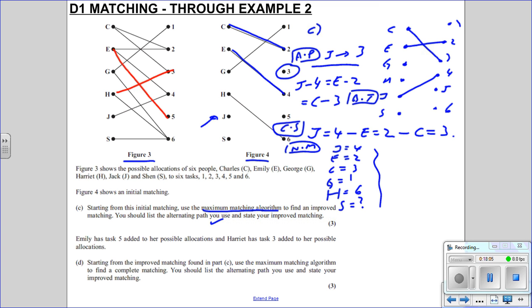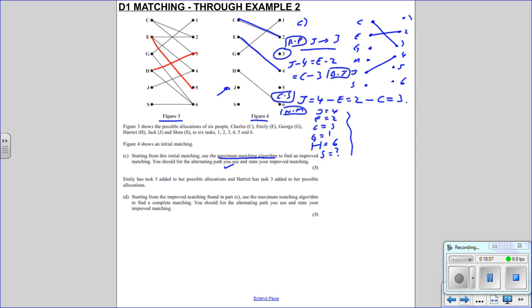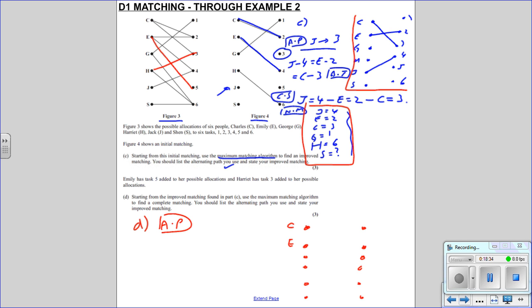Let's try again then. So part D, let's finish this off. Part D, alternating path. Our initial matching is now this one, isn't it? So I already started drawing it up here, so I could just use that matching, but to make it a bit easier to look at, let's go C, E, G, H, J, and S. 1, 2, 3, 4, 5, and 6.